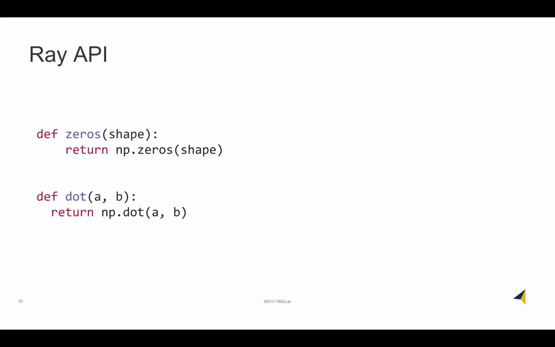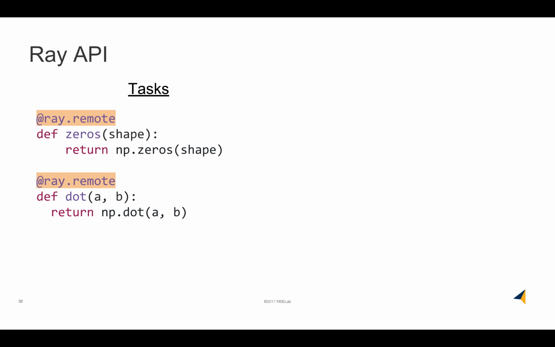So here are our 2 regular Python functions. One of them just creates an array of zeros, and one of them multiplies 2 arrays together. So with Ray, we can take these functions and add the ray.remote decorator.